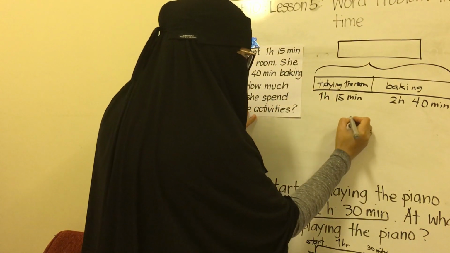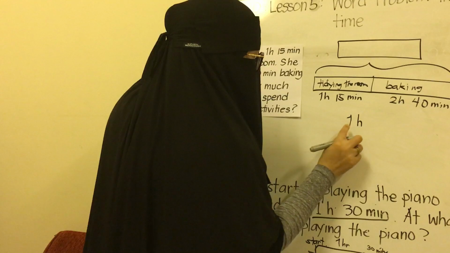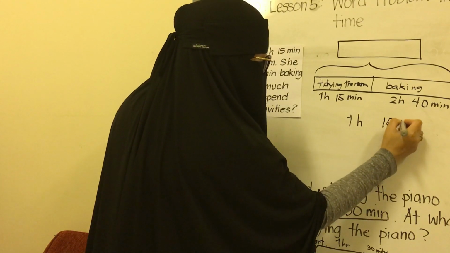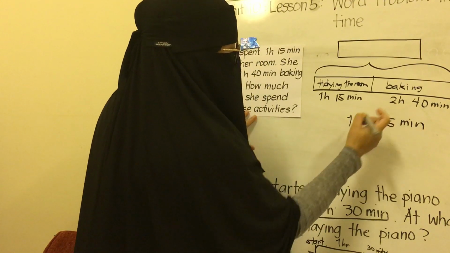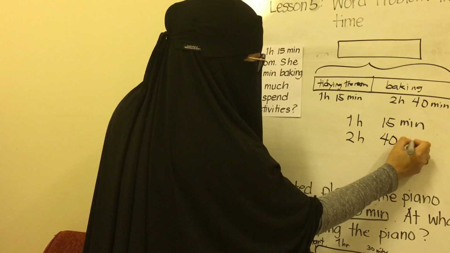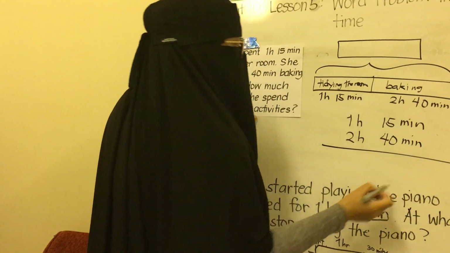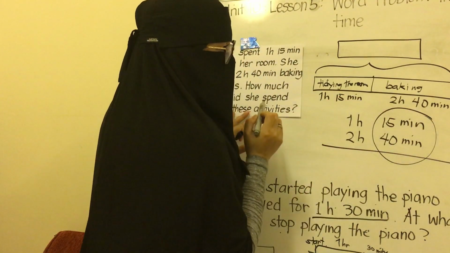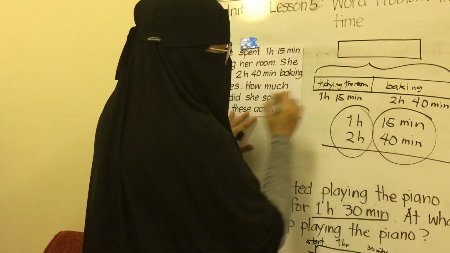So we can do it like this so you can add easily. 1 hour and 15 minutes, and then you write 2 hours and 40 minutes below. The minutes are aligned and the hours are aligned.